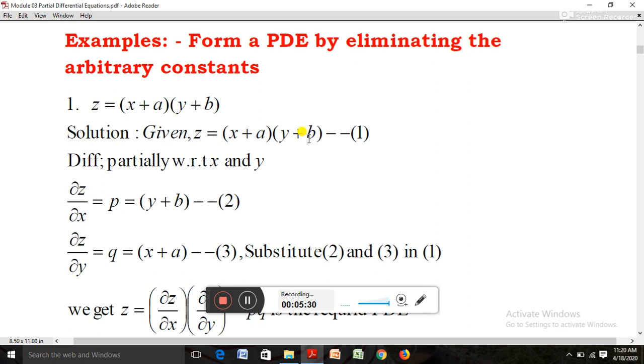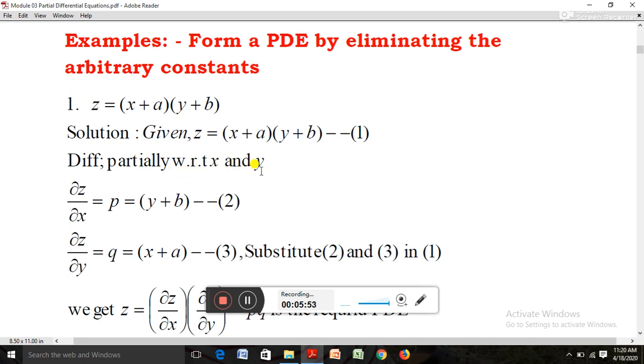Here y is treated as a constant and x is the variable, so y plus b is constant as it is. The differentiation of x plus a is 1 plus 0, which is 1. So y plus b into 1 is y plus b only. This is equation 2.